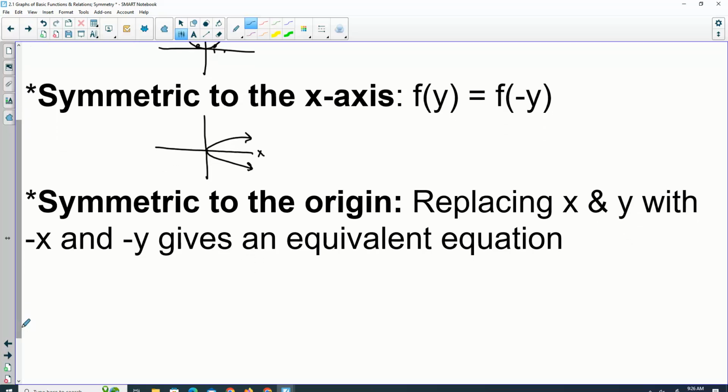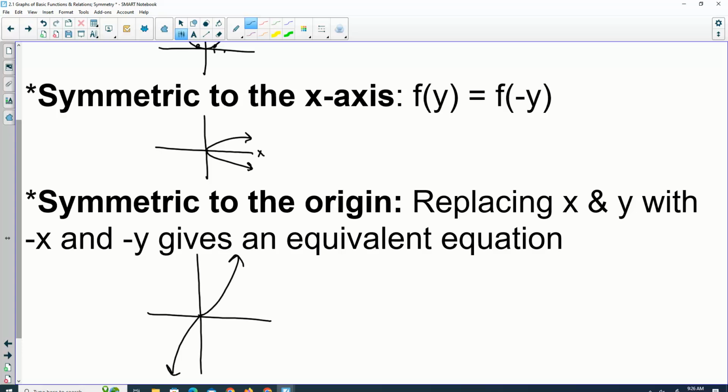The third type is symmetric to the origin. This is the one that's a little bit different. Origin basically requires you to flip over both the x and the y-axis. So it would be something like our x cubed. If I flip this over the y, then take that and flip it over the x, it overlaps itself.